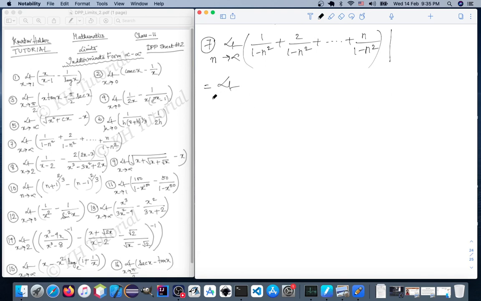So limit n tends to infinity. If I take 1 minus n square common, this becomes 1 plus 2 plus up to n. 1 plus 2 plus up to n is, we know the formula, n into n plus 1 by 2, and over here we have 1 minus n square.